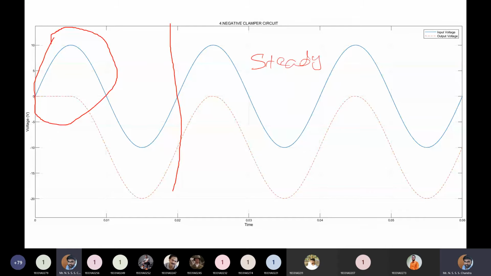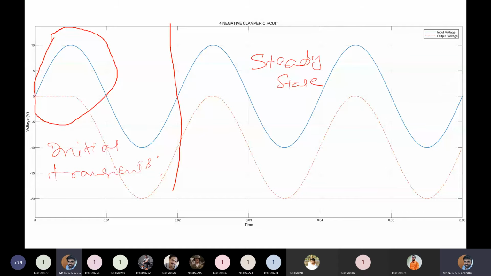These are the initial transients. Here also the condition is that your charging and discharging time should be very large, so your RC value should be large. Only in that state is this kind of clamper circuit possible.